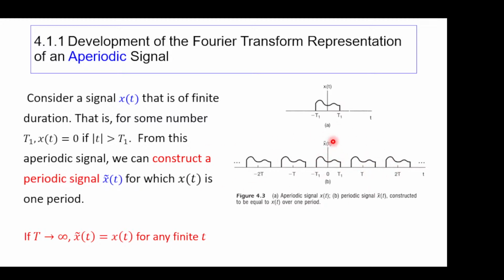You just keep copy pasting your x of t every big T, and you need to pick a big enough big T. This is kind of circular, but what do we need to do? We get x of t to x tilde of t, then we take big T to infinity, and that will become a function that looks really like x of t. But now that it's periodic, we can analyze its Fourier coefficients, how it goes.